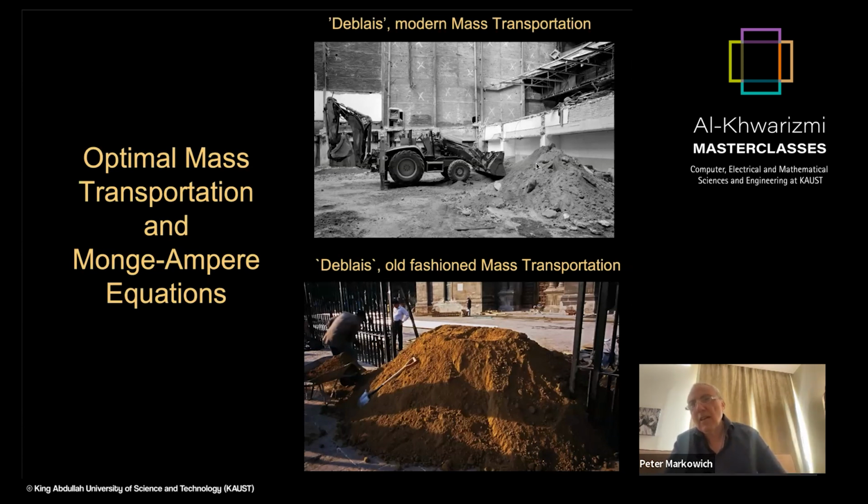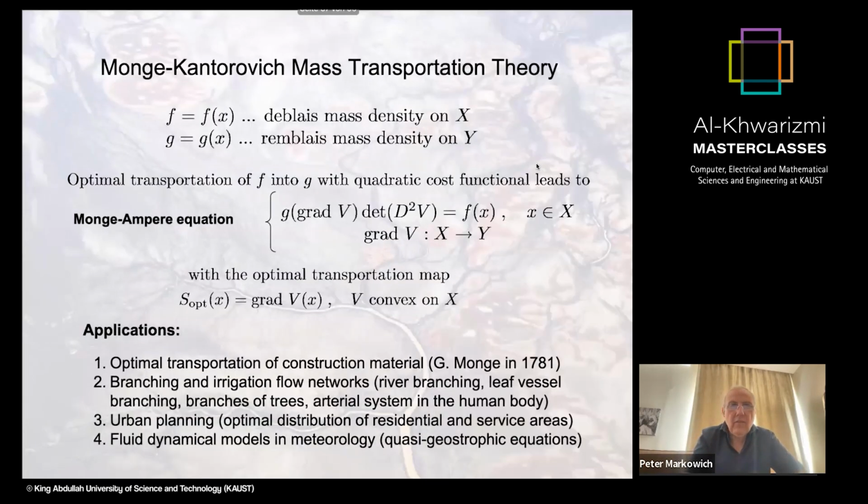And he asked the question, how can I do this in an optimal way, right? And this then led to all kinds of mathematical problems which go into measure theory, into nonlinear, highly nonlinear, I should say, partial differential equations like the Monge-Ampere equation and so on.